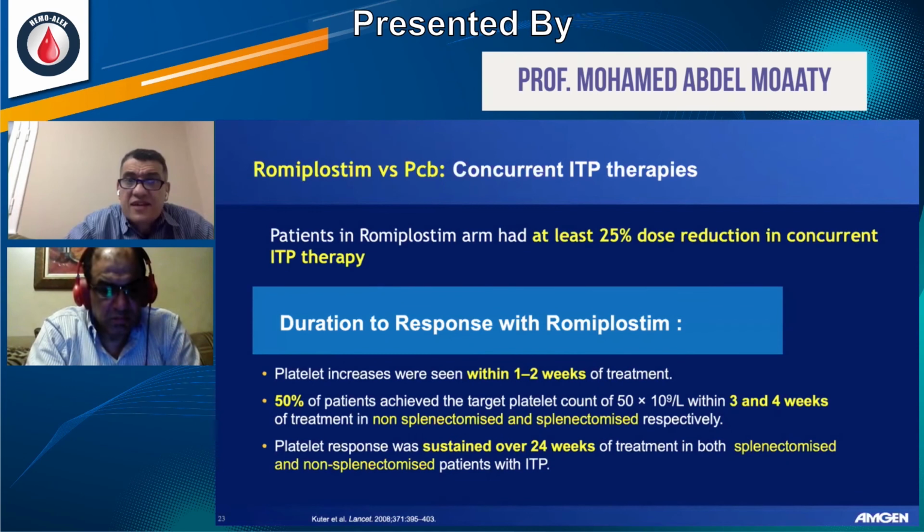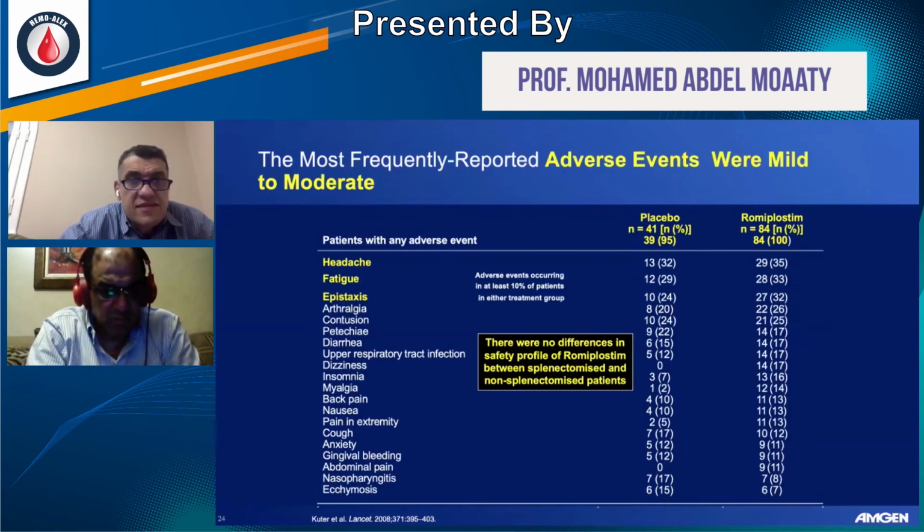Patients in the romiplostim arm had at least a 25% dose reduction in the concurrent ITP therapy, and the response to romiplostim was seen within 1 or 2 weeks. The side effects were tolerable and mild, mostly headache, fatigue and epistaxis, and there was no difference in the safety profile of romiplostim between splenectomized and non-splenectomized patients.